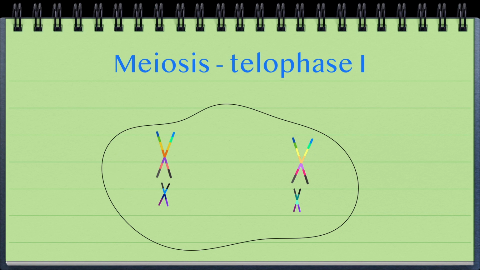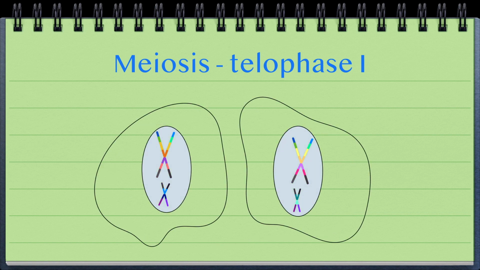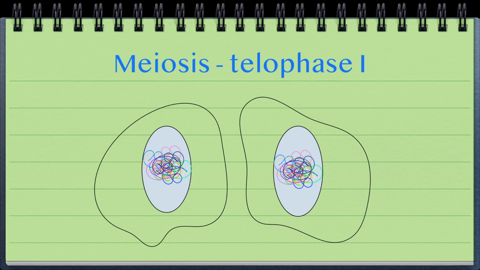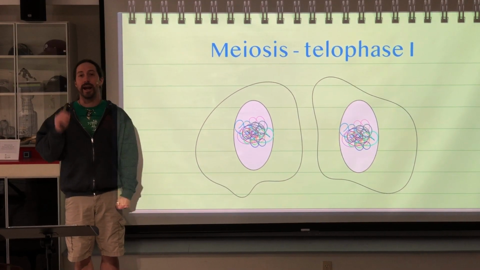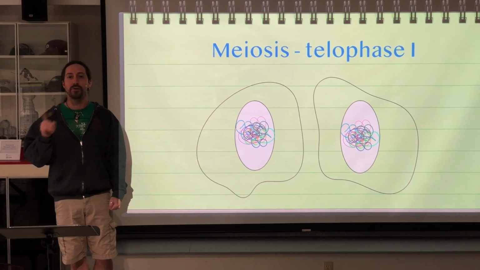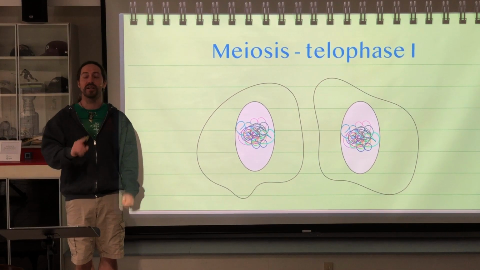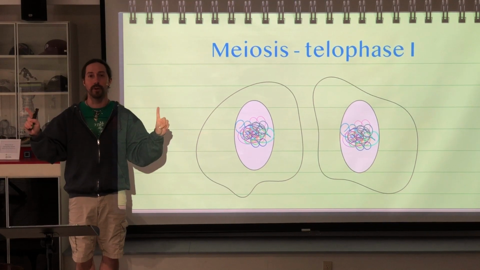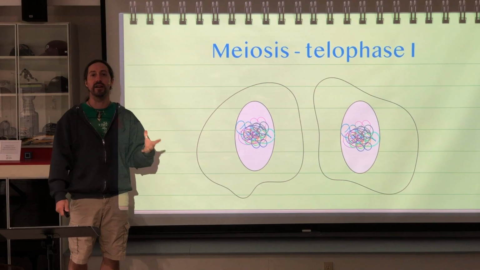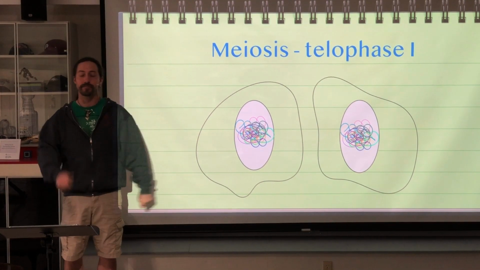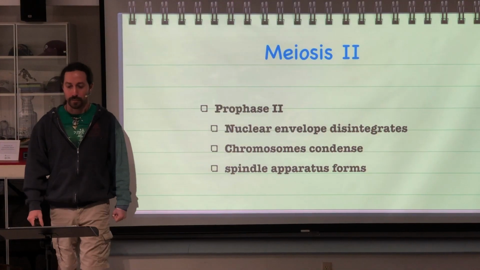So, spindle apparatus goes away, new nuclei form, cells divide, and our chromosomes are going to decondense. And again, these are completely unique cells that are now haploid. Neither one is exactly like the other, and neither one has 2 sets of genetic information because the homologous chromosomes were pulled apart. So these are 2 haploid cells at the end of meiosis 1, which leads us to meiosis 2.